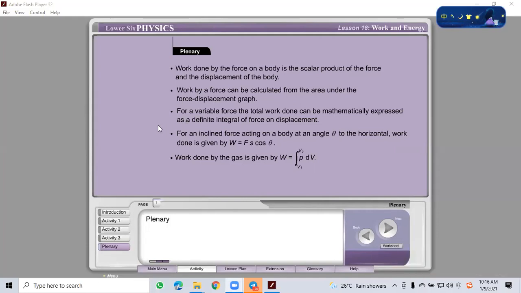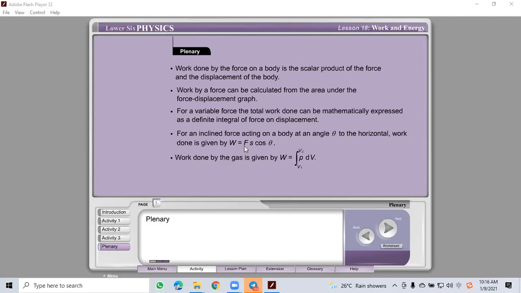For a variable force, the total work done can be mathematically expressed as a definite integration of force over displacement. For an inclined force acting on a body at an angle θ to the horizontal, work done is given by W equals F cos θ times s.